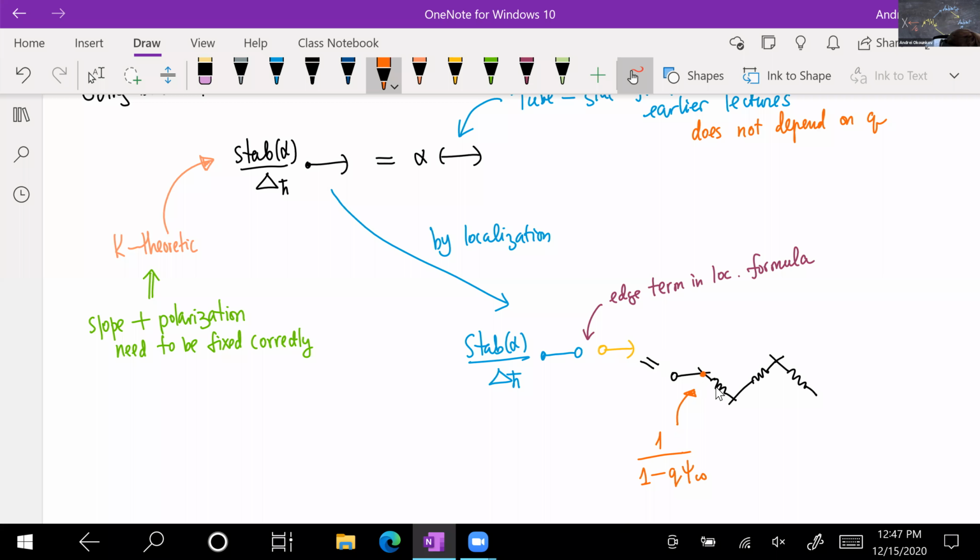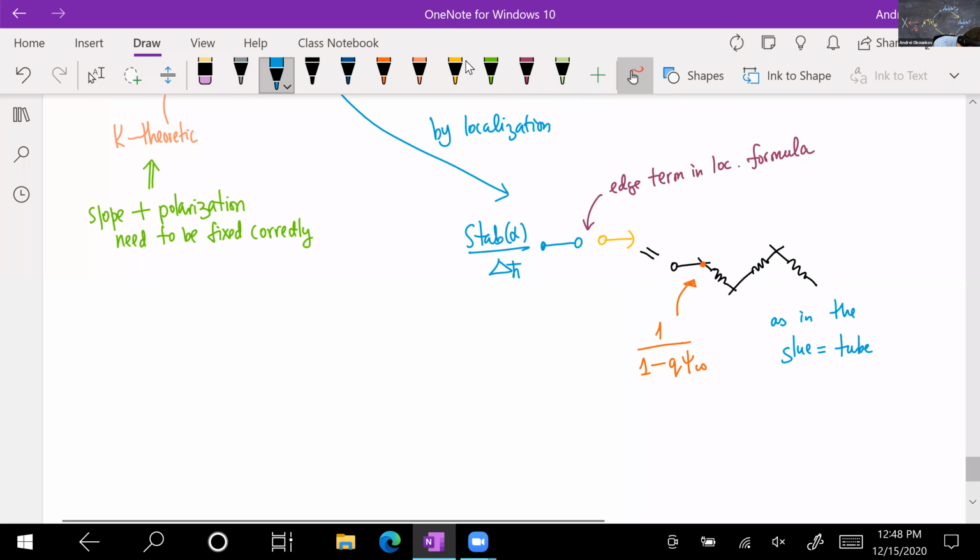And so what we expect, the same proof as in the glue equals tube theorem.